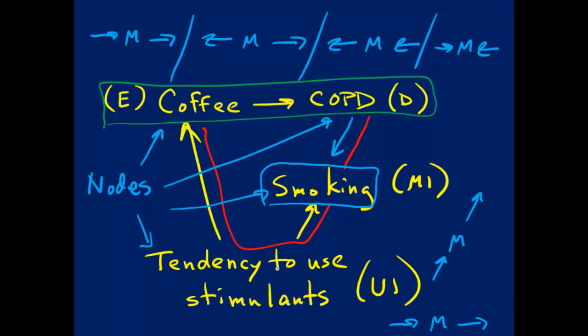So this path is actually now open. So in this situation, if the arrows were going in these directions, conditioning on smoking would actually open this backdoor path and would cause confounding in the association between coffee and COPD.